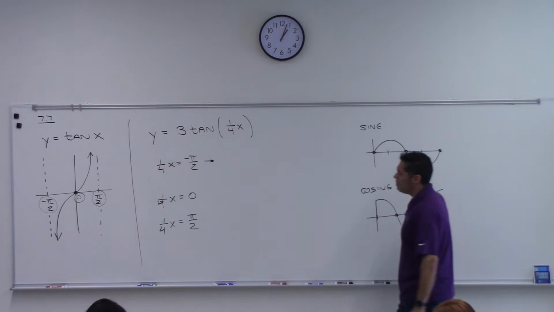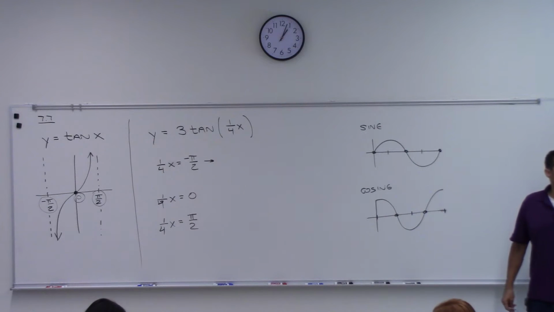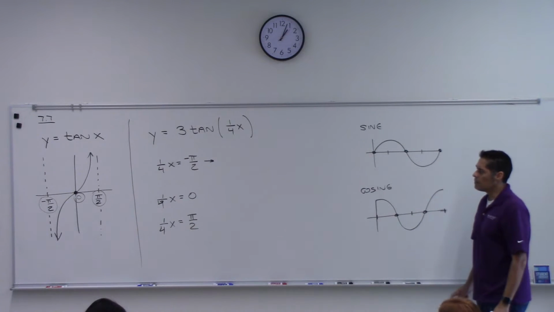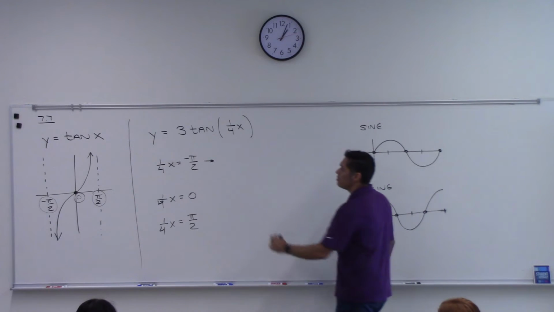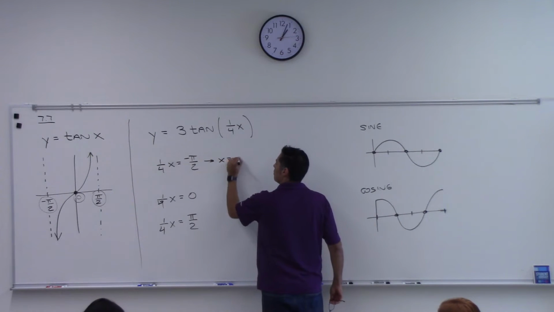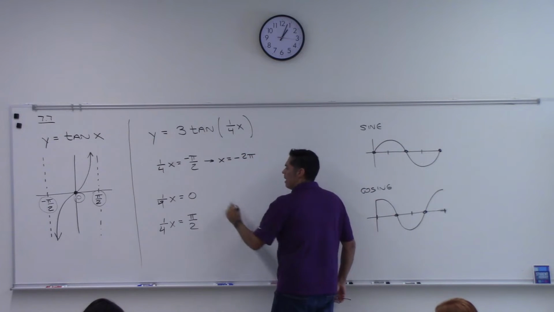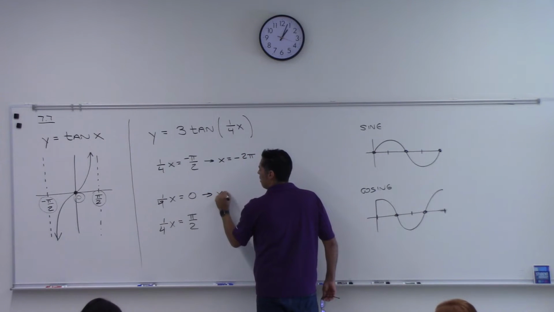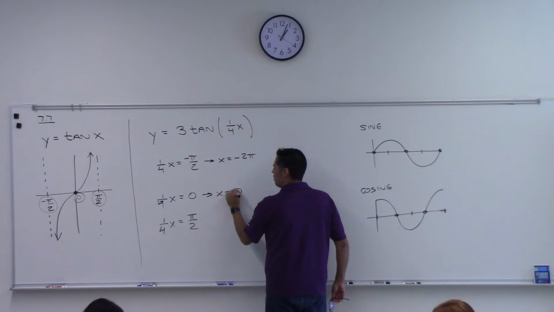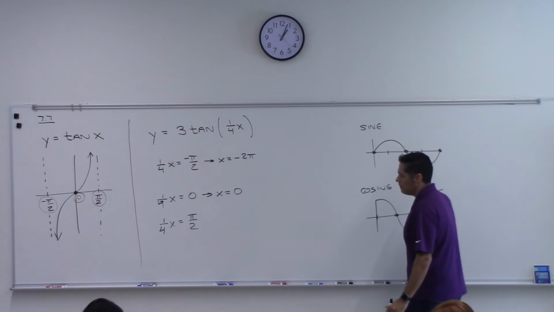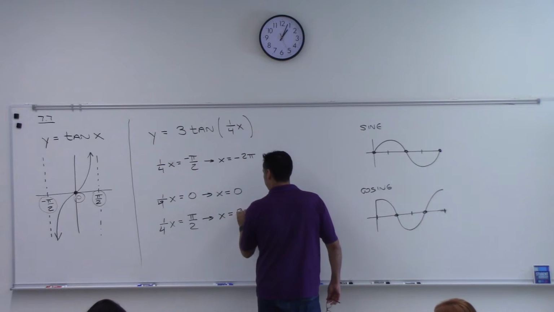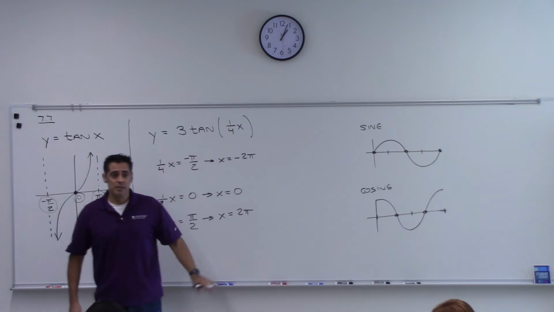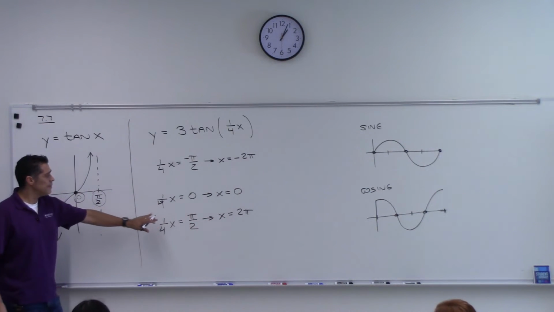What would I get? x equals negative 2 pi. Good. On this one, if I multiply both sides by 4, x is 0 still. And on the last one, I get 2 pi. Is that okay, everyone? Not showing that work? That's okay.